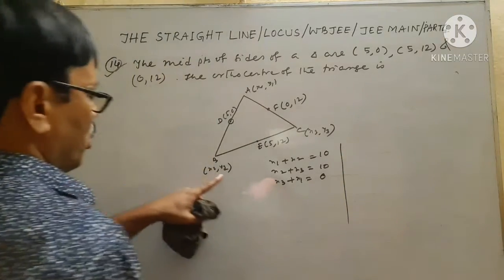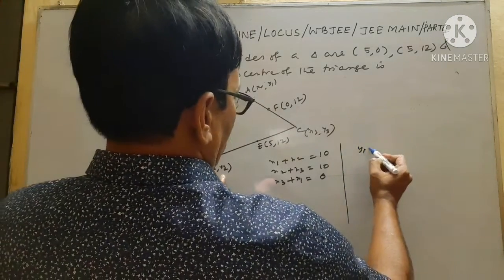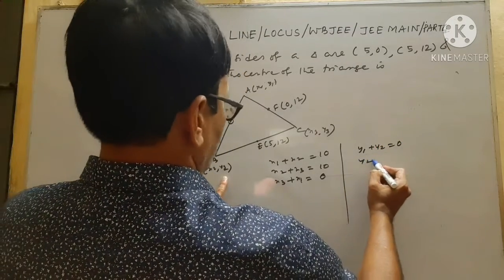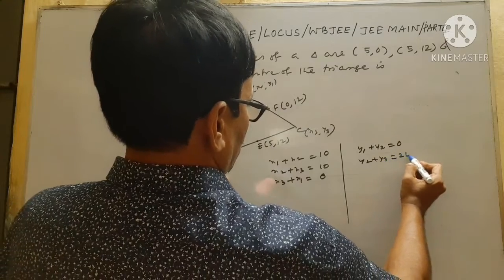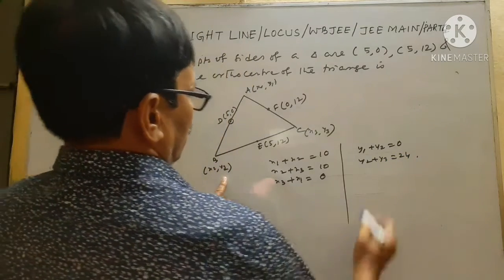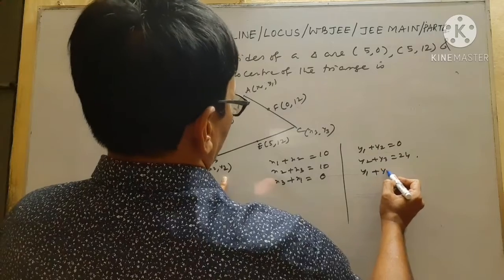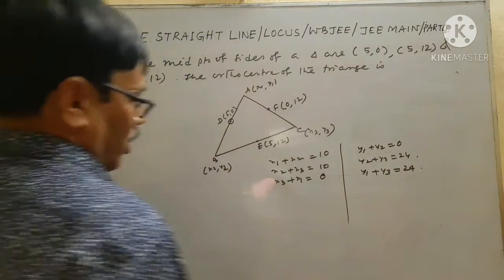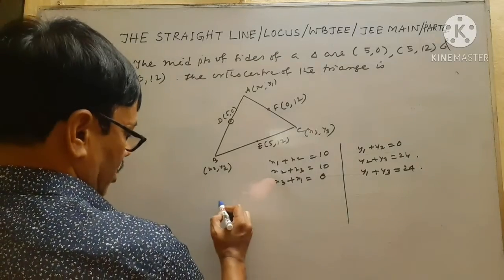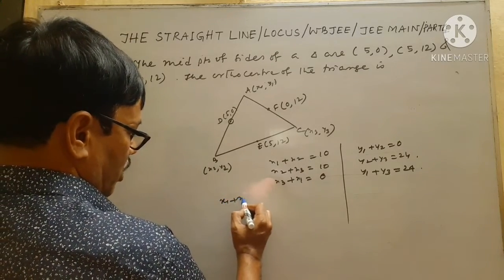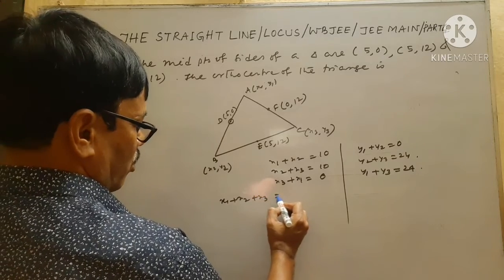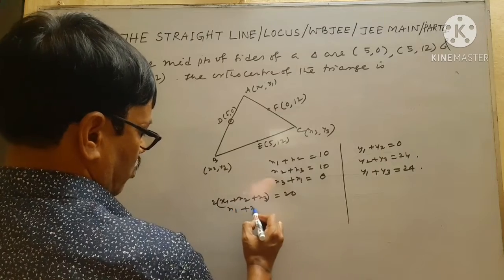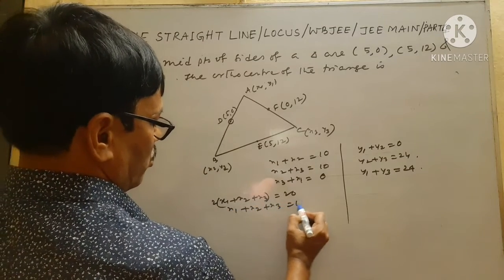And if we equate the y coordinates, y1 plus y2 equals 0, y2 plus y3 equals 24, y1 plus y3 equals again 24. So if we add these, x1 plus x2 plus x3 equals 2 into this, which is 20. So x1 plus x2 plus x3 equals 10.